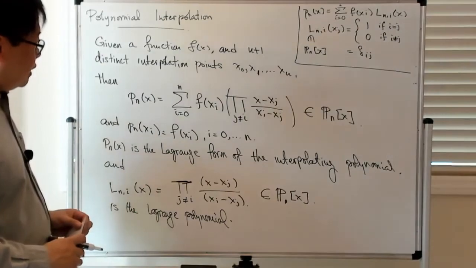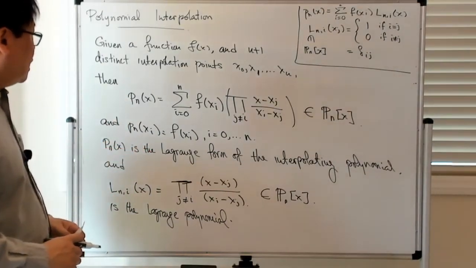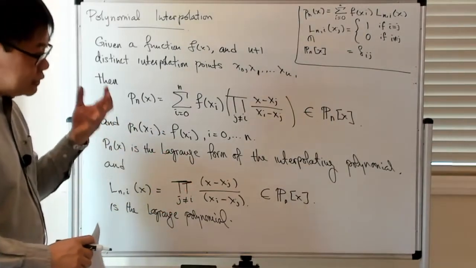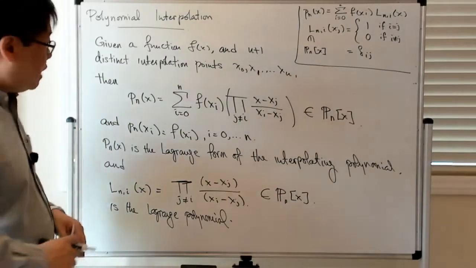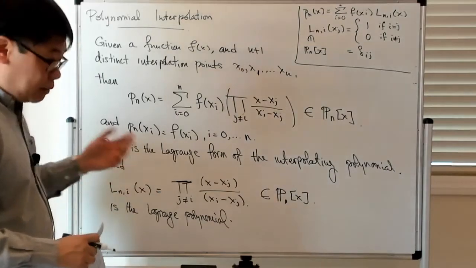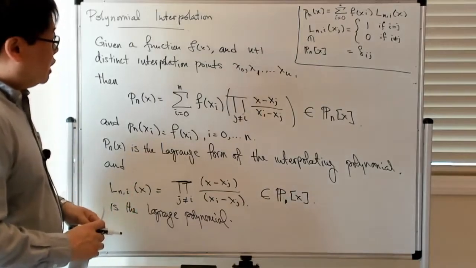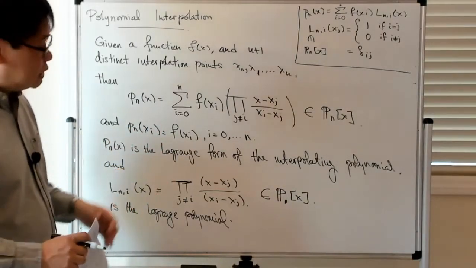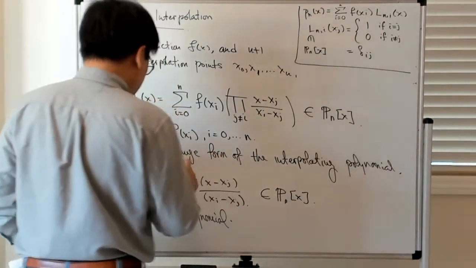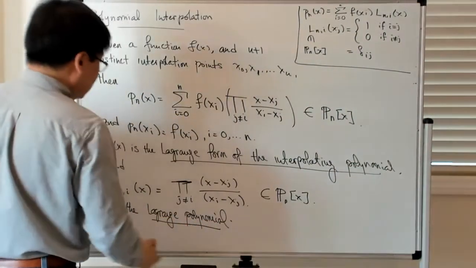As we'll see as the course progresses, constructing a function which approximates a given function with a provable bound on the error allows you to construct algorithms, for example, to approximate integrals, derivatives, or solutions of differential equations in a very systematic way. So again, this is the Lagrange form of the interpolating polynomial, and this is the Lagrange polynomial.